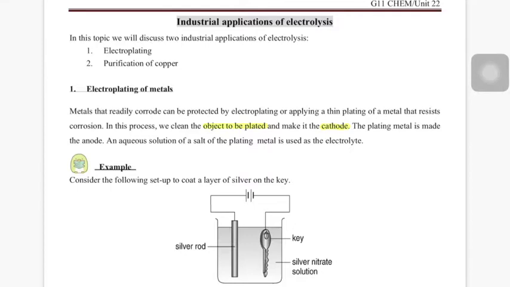For example, if I want to plate a silver layer onto the object, then I would place a silver rod, the plating metal, as the anode. And then we need the electrolyte. The electrolyte must contain the ions of the plating metal, so we need an aqueous solution of a salt that contains some plating metal ions.